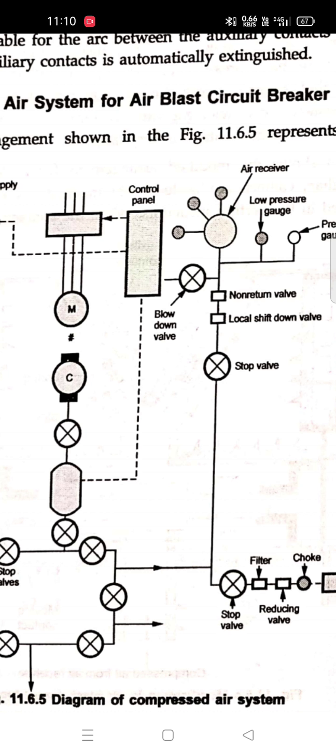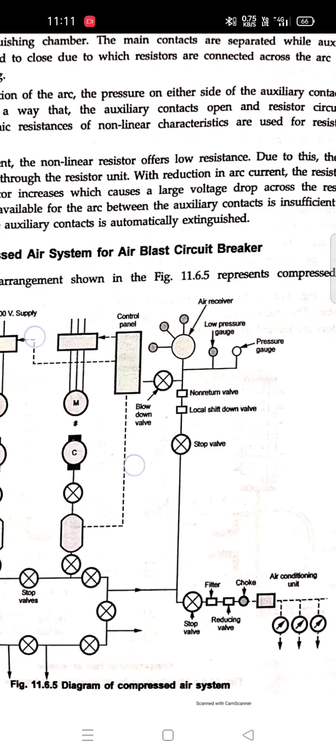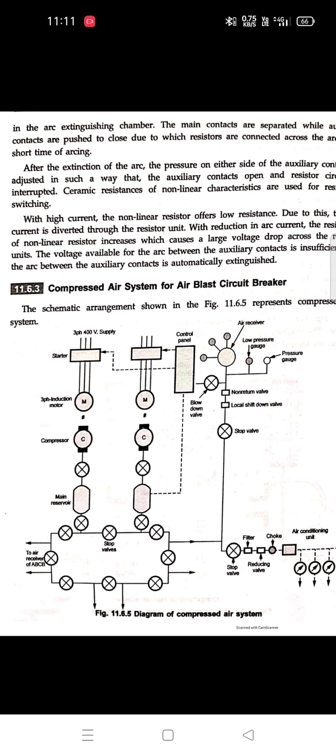The size of this compressor depends upon the number of circuit breakers, the number of makes and breaks expected and the amount of air to be used in each make and break. The compressor feeds the air at high pressures into the main reservoir through the oil filters and also water filters.